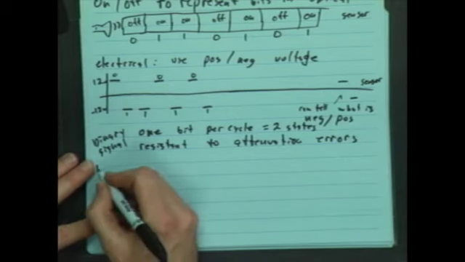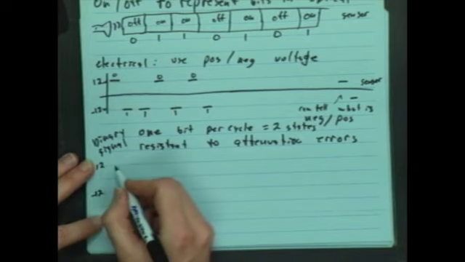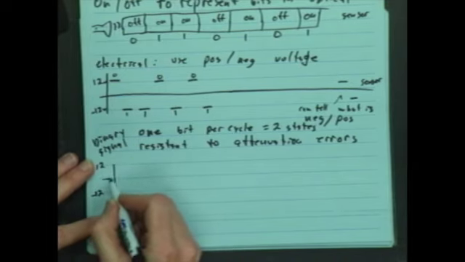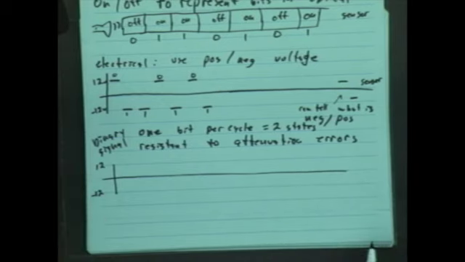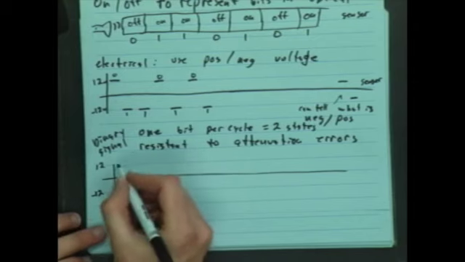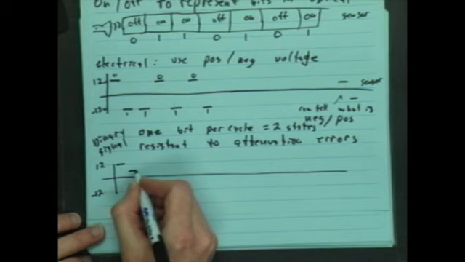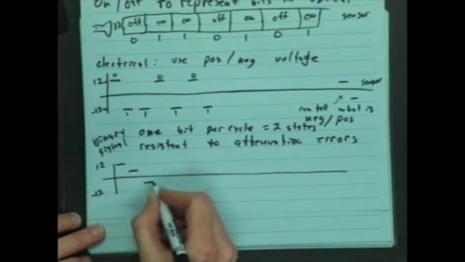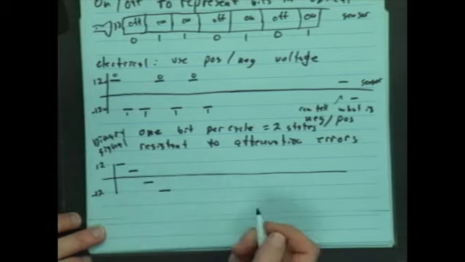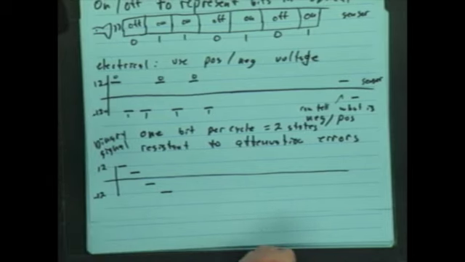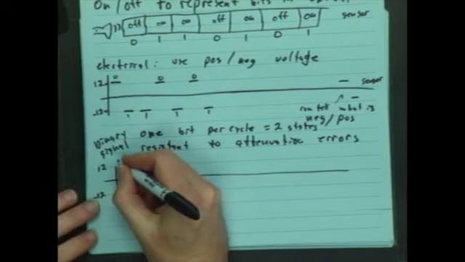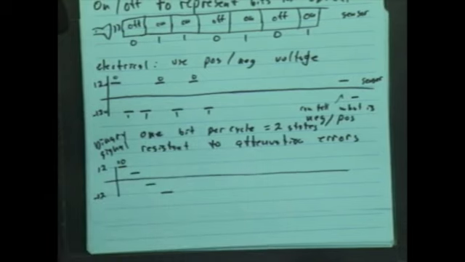So I'm going to draw my 12 and my minus 12 again. And now I'm going to have 4 different possible voltages. I'll have a 12, I'll have a 6, I'll have a -6, and I'll have a -12. Sorry, I wrote those too small for my big old fat pen. So for the 12, I can have a 0 and a 0.